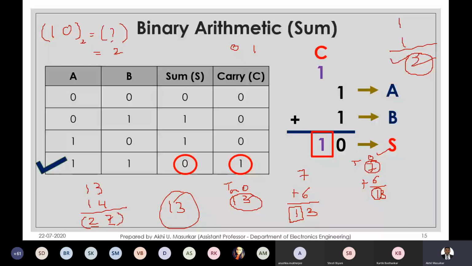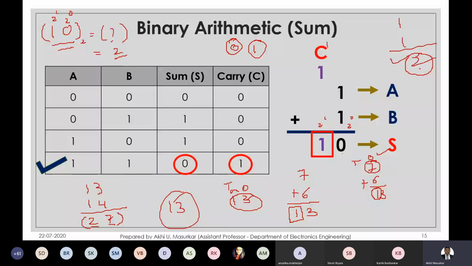Similarly here, 1 plus 1 is 2, but there is no 2. We have only 0 and 1 in binary. So how to represent this 2 using 0 and 1? Like this, 1, 0. So this place is going to be 2 raised to 0, this place is going to be 2 raised to 1. So that's the logical way to write in terms of sum and carry.